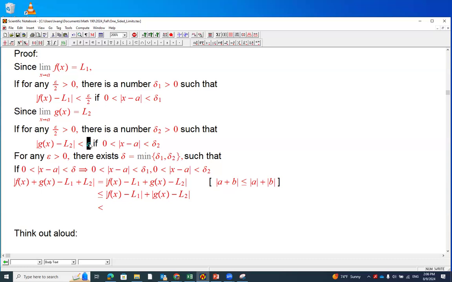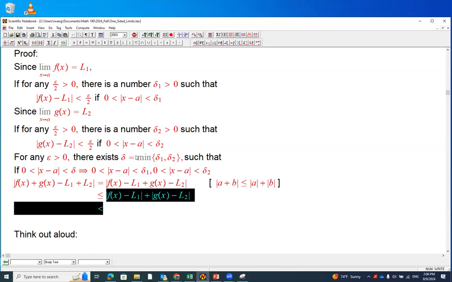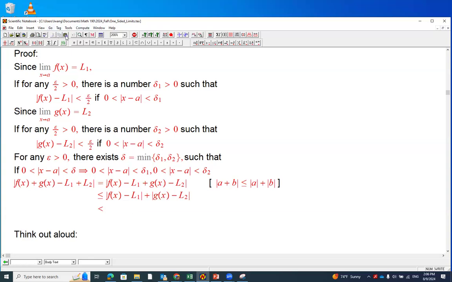This one is also less than half epsilon. So I'm going to have less than half epsilon plus half epsilon, and that makes epsilon.